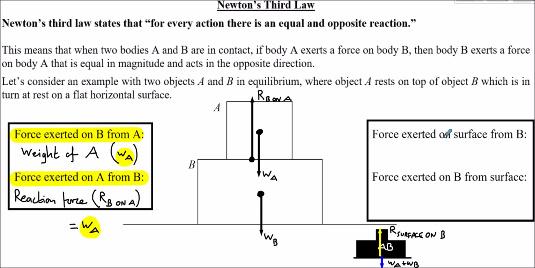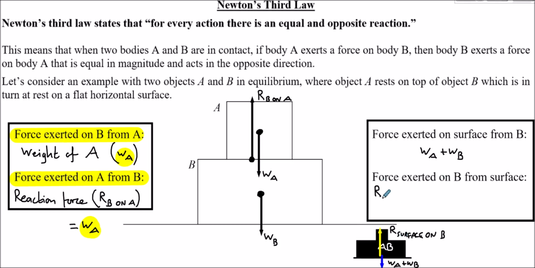So the force exerted on the surface from B, well, the surface is holding up B and A on top of it. It's supporting the weight of A and the weight of B. So for this one, it's supporting the weight of A and the weight of B. The force exerted on B from the surface, though, for reaction, because this object B and A isn't flying up or falling through the ground, the reaction must be equal and opposite to the combined weight.